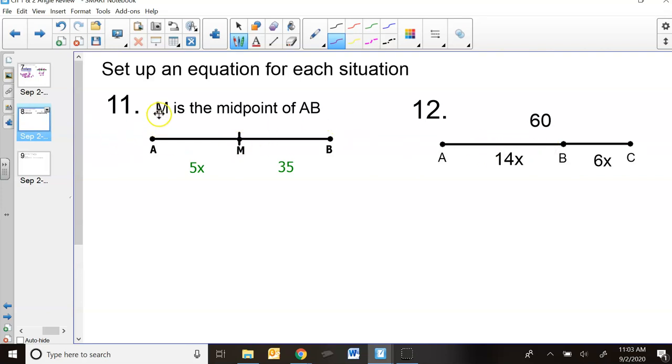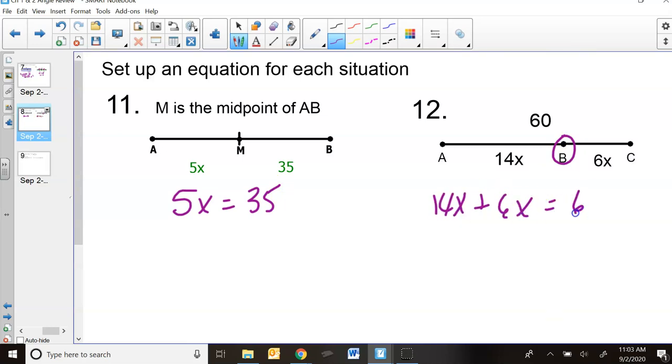However, they did tell me that M is the midpoint of AB on number 11. So that tells me that 5x is equal to 35. On number 12, they did not tell me B is the midpoint, so I know that the two parts add up to 60. Okay, so on number 11, I divide by 5 and get x is 7. On number 12, I would add those 20x like terms, and I get x is 3.